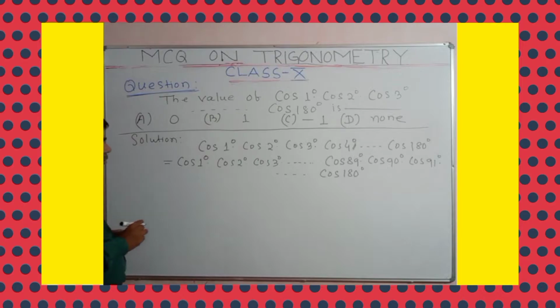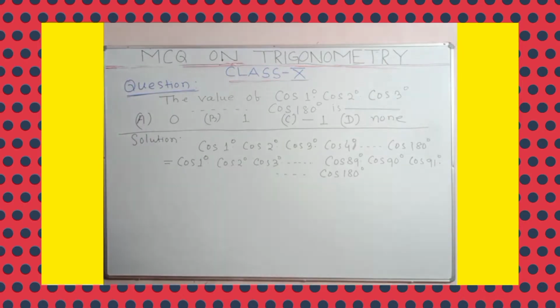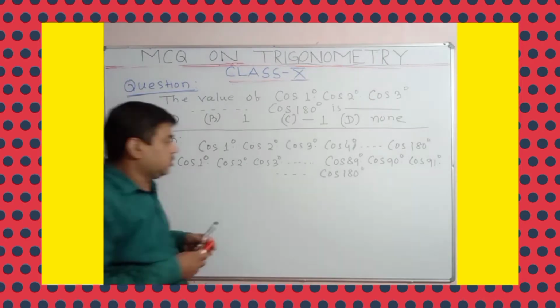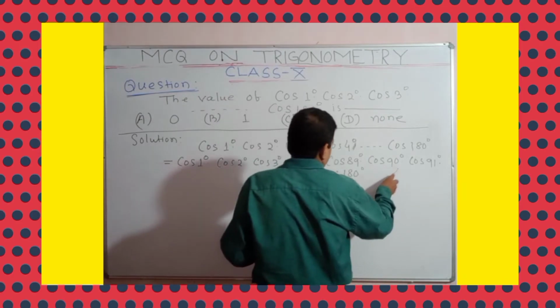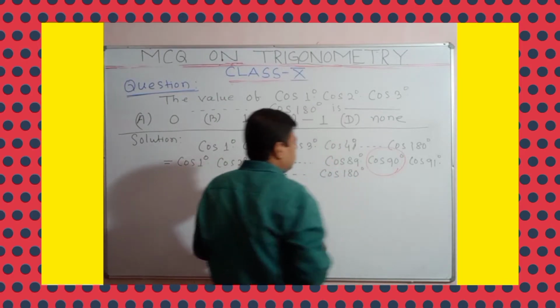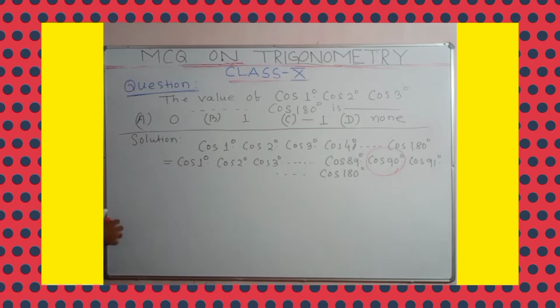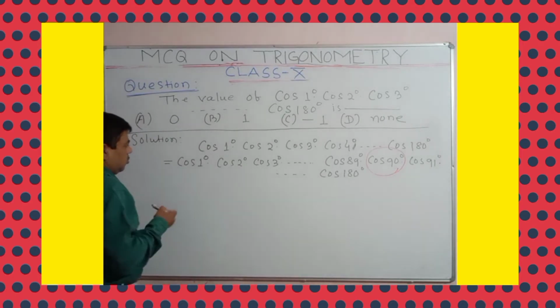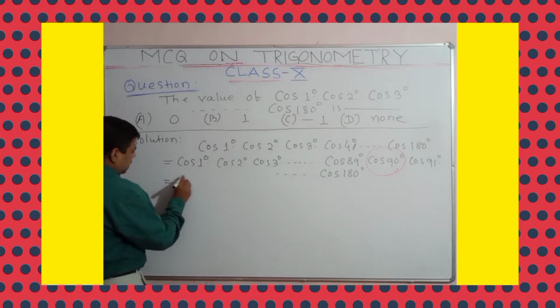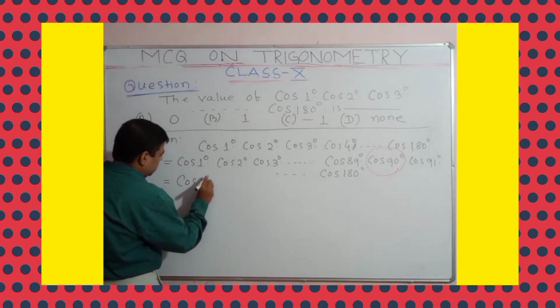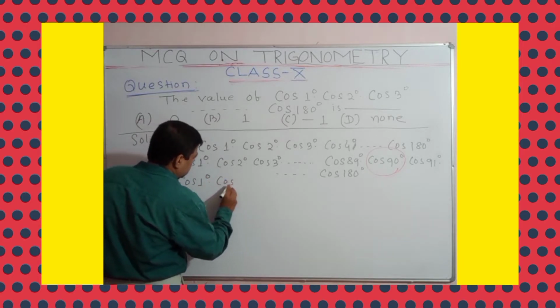Understand or not? And you know cos 90 degree is 0. So you see one of the factor is cos 90 degree. What's value is 0? Yes or no? So you can write cos 1 degree into cos 2 degree.